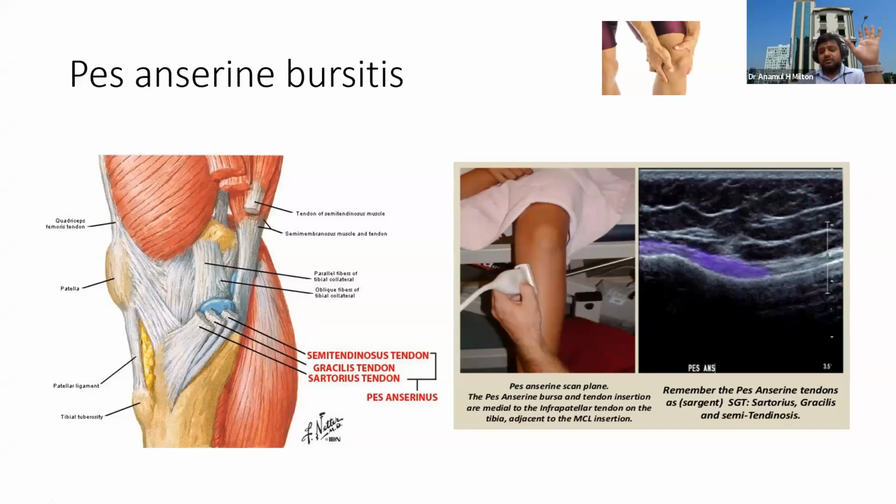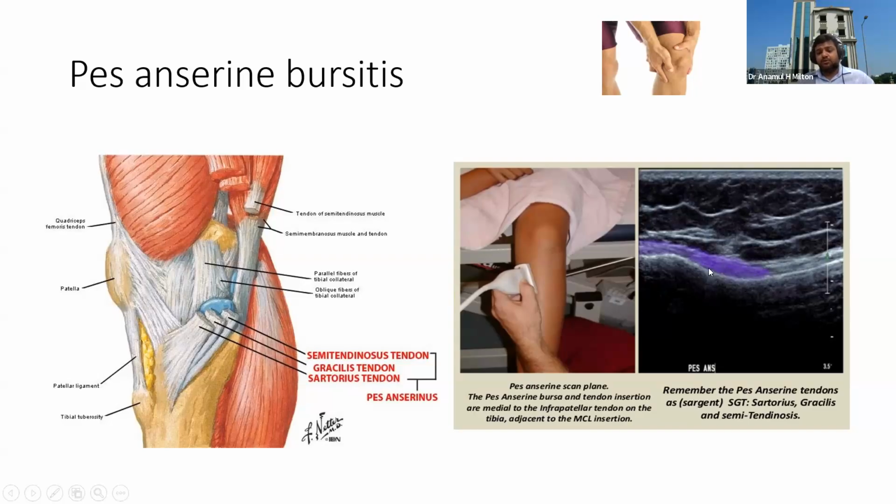You can remember it by GTS or SGT. SGT means the sartorius is number one, the uppermost one, after that the gracilis, and after that the semitendinosus. So these three tendons are inserted together here.